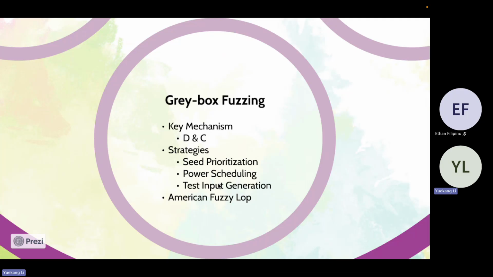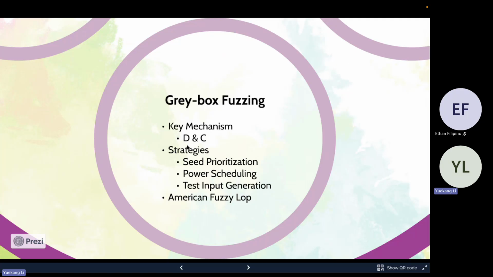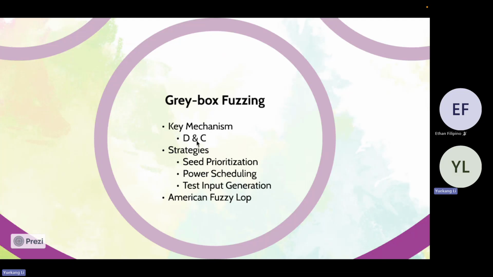We collect only the information needed for testing. You should be able to remember why it works, because it's kind of like exploring the program's states using a divide and conquer approach by keeping some interesting seeds and generating new test cases according to the seeds we have kept. This is the key mechanism of gray box fuzzing.